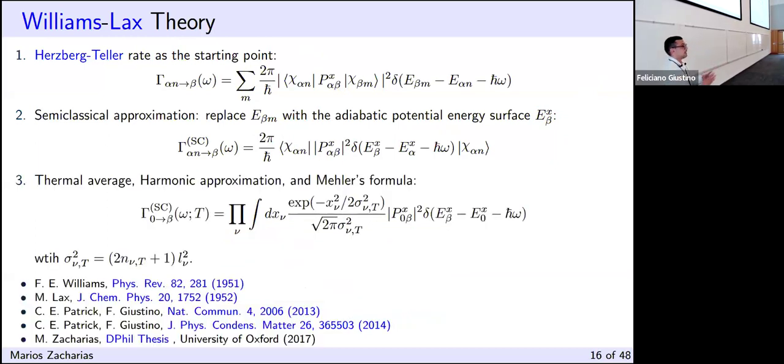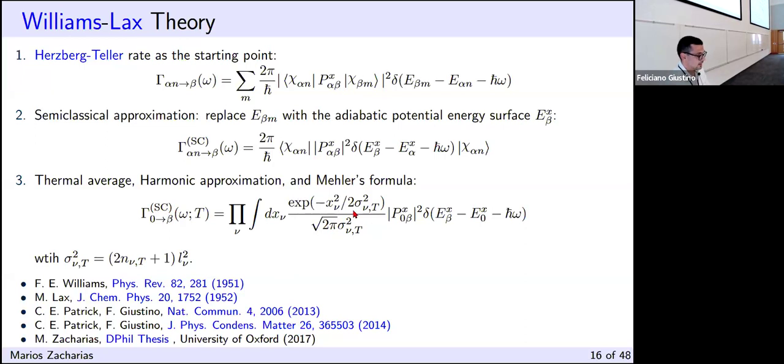Then we can take the thermal average of this object, and if we apply the harmonic approximation and write the wave functions as a product of quantum harmonic oscillators, and also use Mehler's formula, a formula that simplifies the computation and gives you this multivariate Gaussian integral, we can actually obtain the transition rate at finite temperatures.